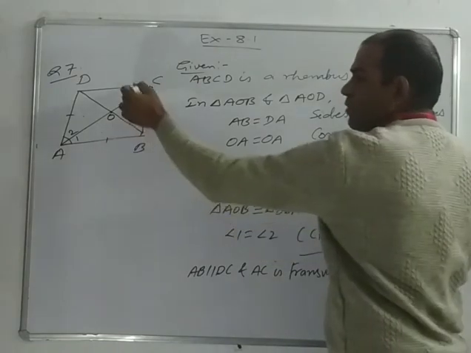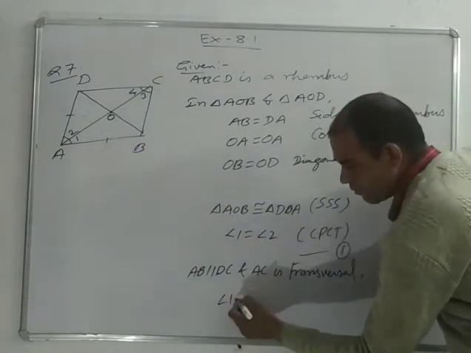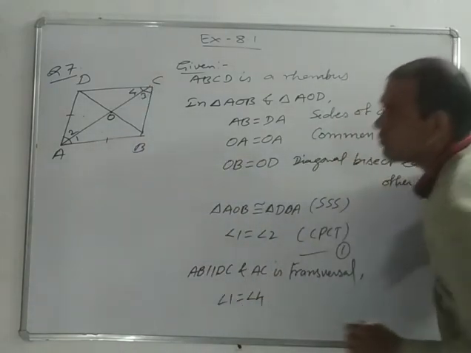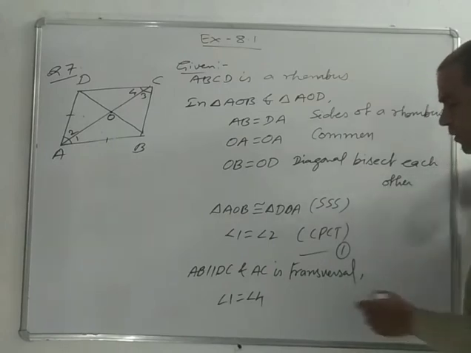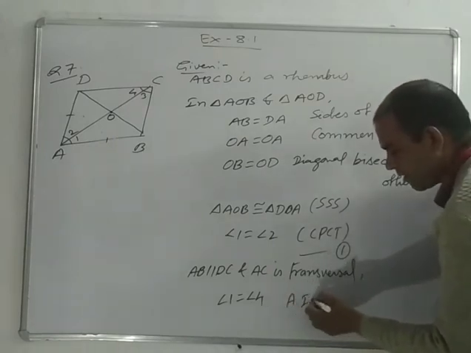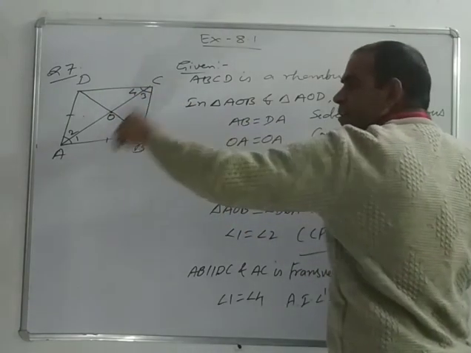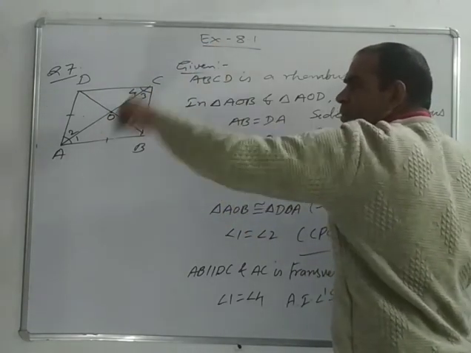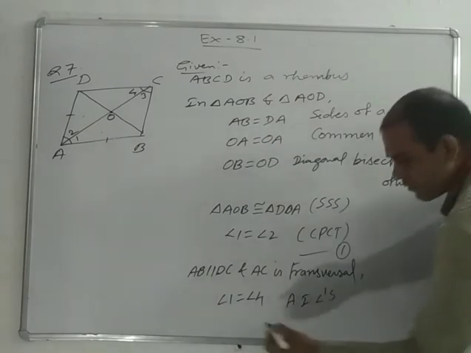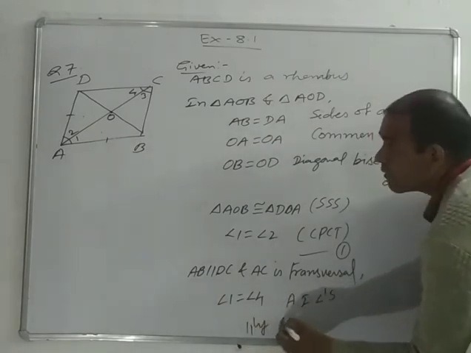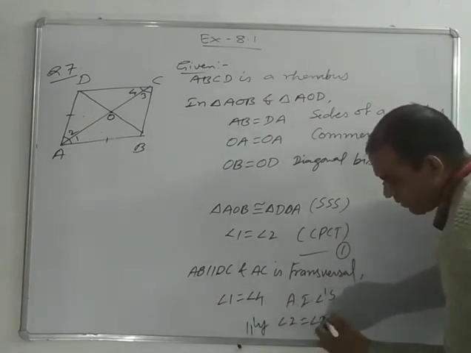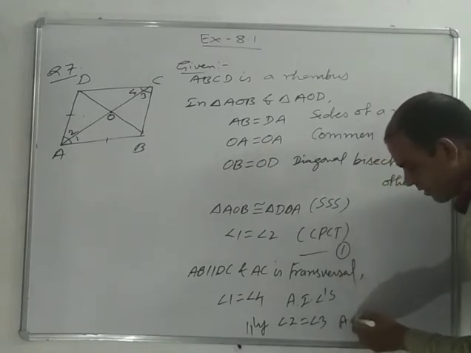So angle 1 equal to 4. Reason: alternate interior angles. Similarly, AD is parallel to BC and AC is transversal, so angle 2 equal to 3, same alternate interior angles.